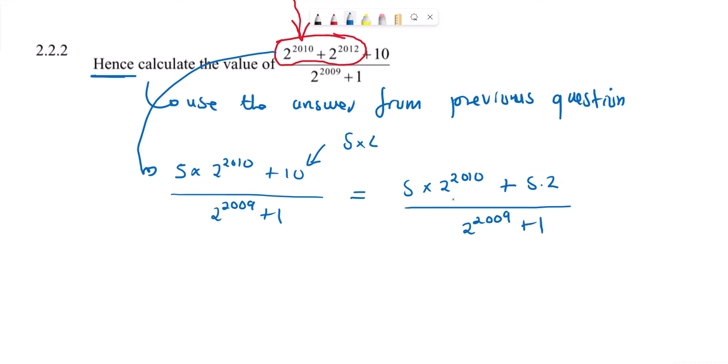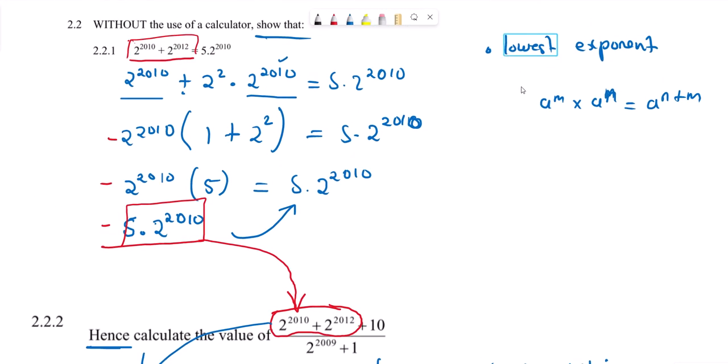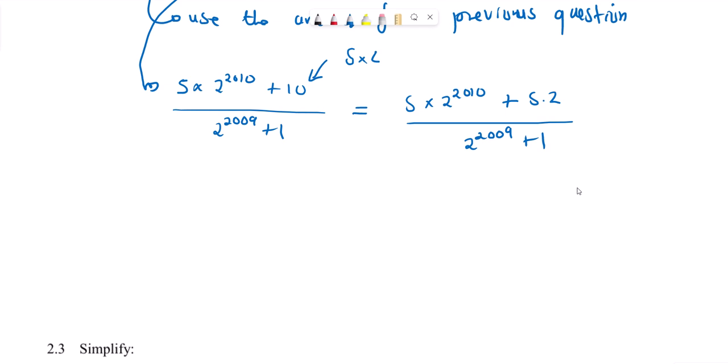Common factor. Now we can use this lowest exponent, right? Let me just continue it from here.